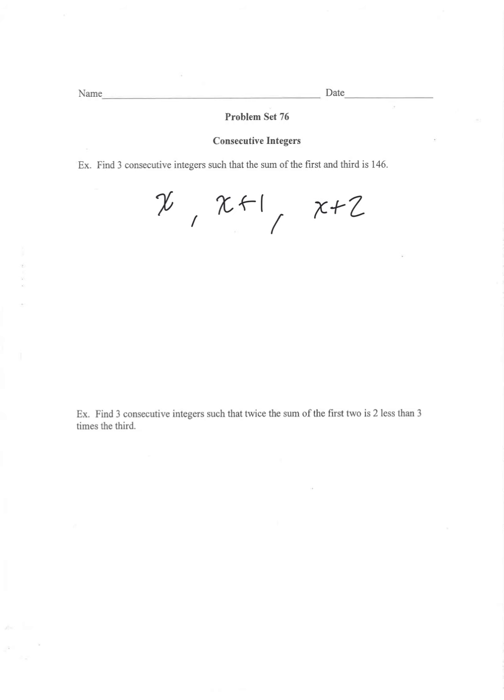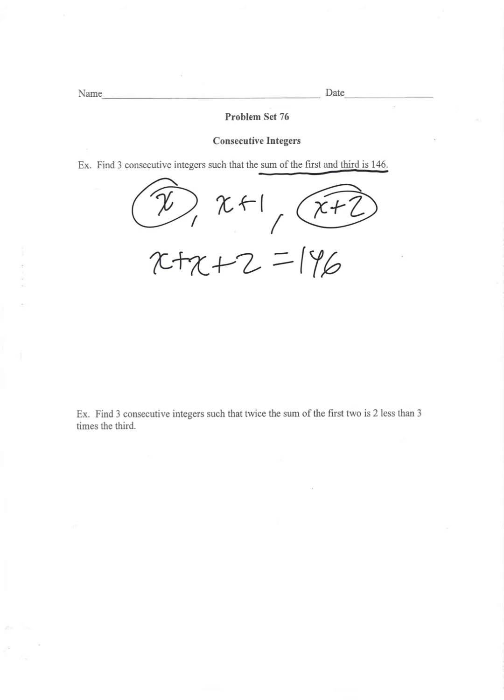So this is a generic way to write three consecutive integers. Now, what do we know about them? Well, we're trying to find the sum of the first and third being 146. So our first and third would be x and x plus 2, right? So it's saying the sum, when we add them together, is going to equal 146.